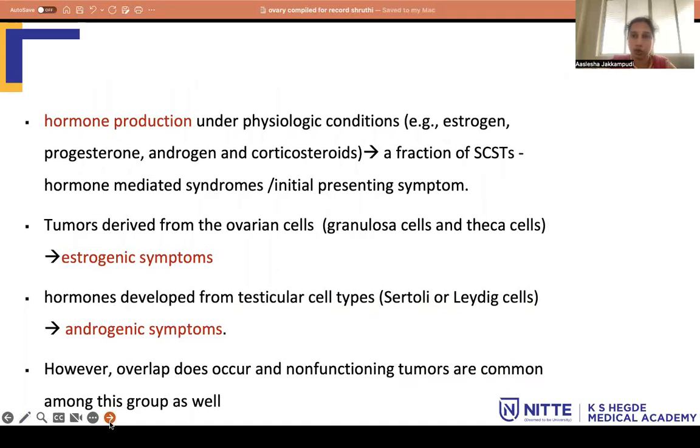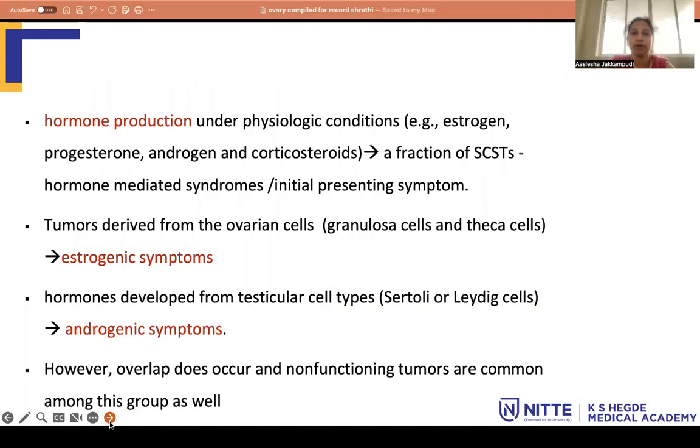These stromal or sex cord cells are known to produce hormones under physiological conditions. The hormones are estrogen, progesterone, androgen, and corticosteroids. So a fraction of these tumors can present with a hormone-mediated syndrome rather than the primary tumor itself.